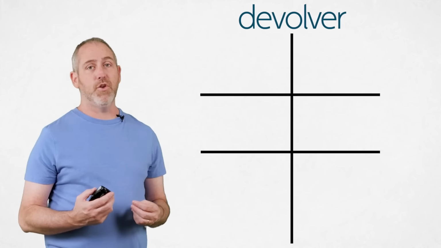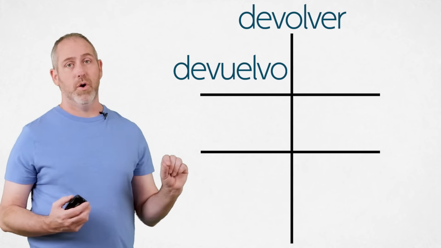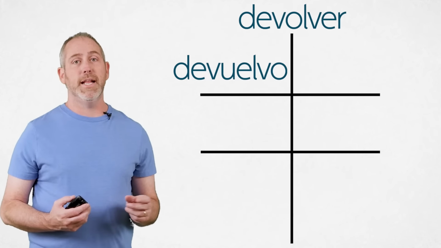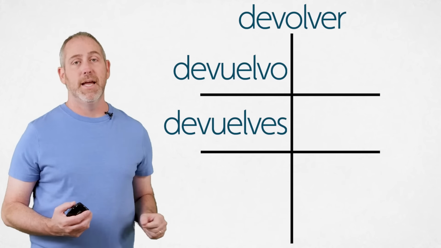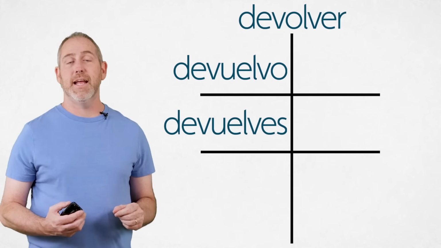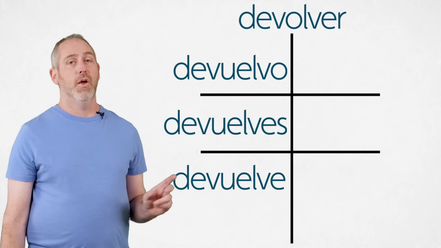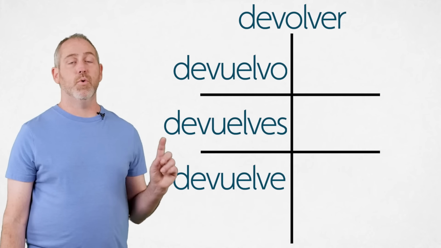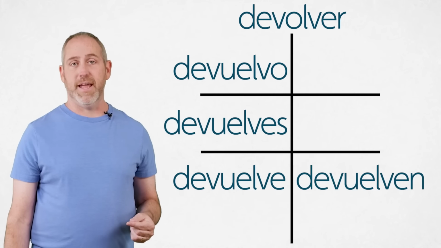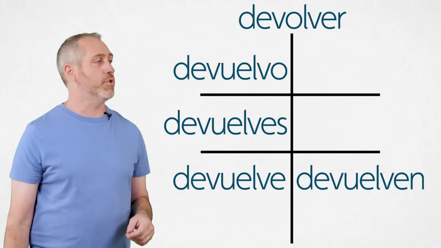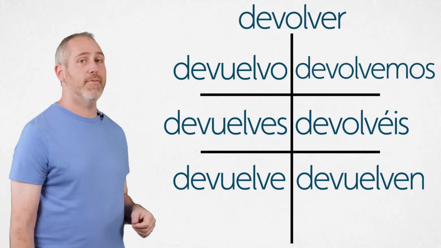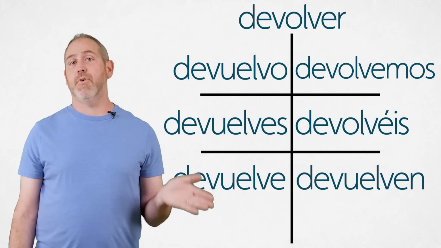Okay, so we've got yo devuelvo, tú devuelves, él, ella, usted devuelve, and ellos, ellas, ustedes devuelven. We don't change nosotros and vosotros, so we get devolvemos and devolvéis.